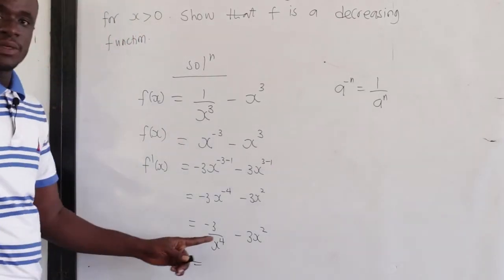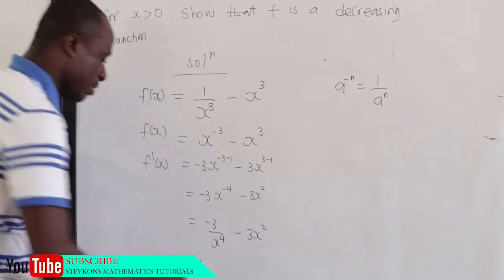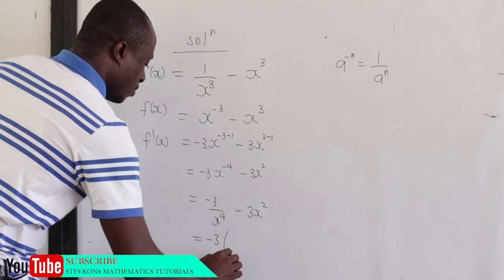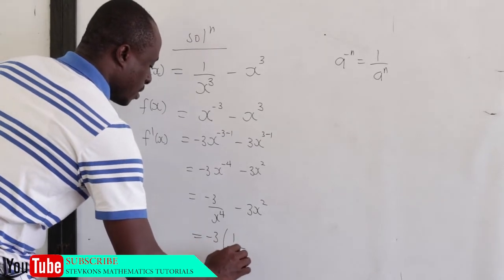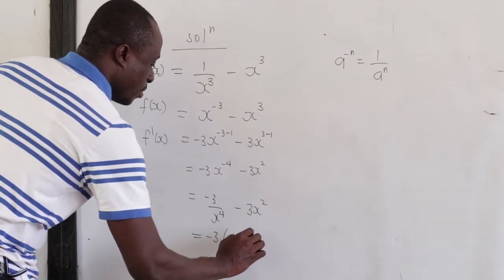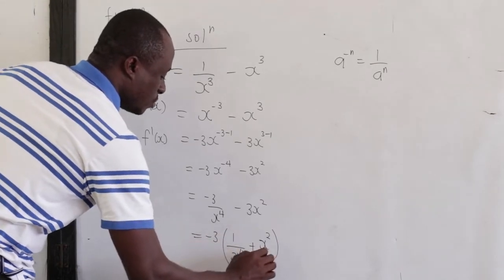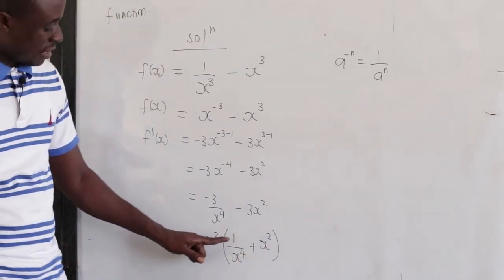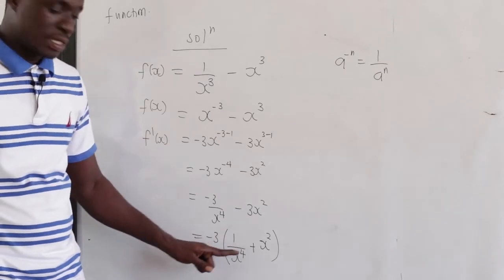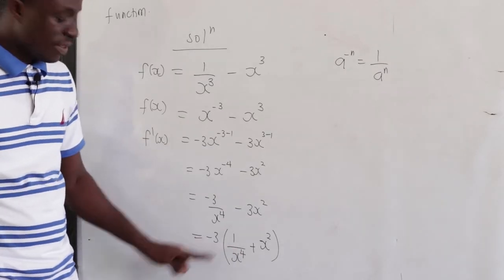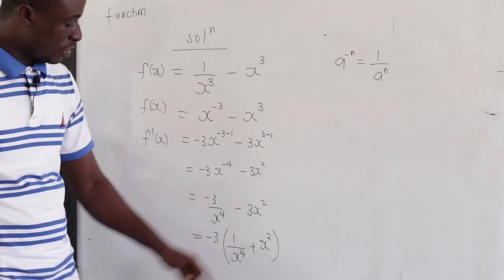Now you can see negative 3 is common, so you can factorize negative 3 out. What do you have? 1/x⁴ + x². Now when you multiply, numerator times numerator, denominator times denominator, you get -3 over x⁴, and the other factor goes with that.